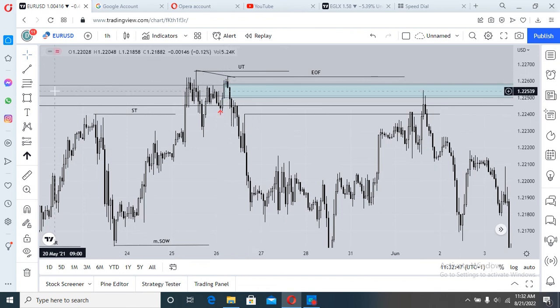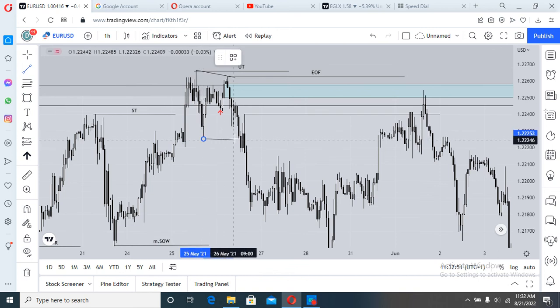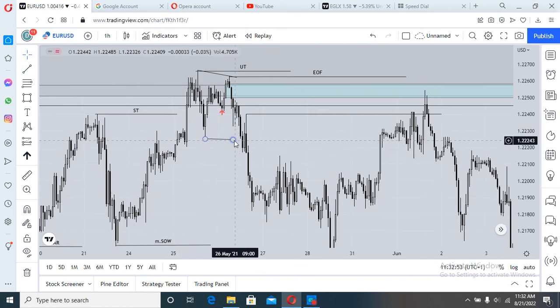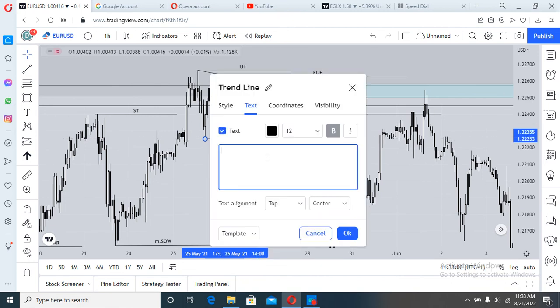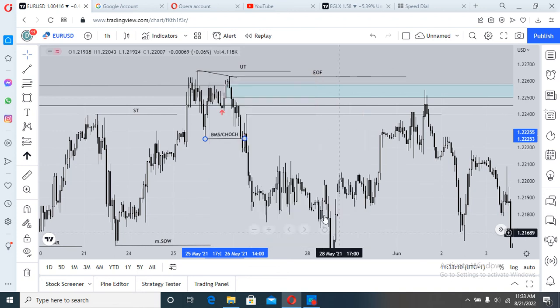Now I'm not confirming this yet until I see what? It break this low, right? So now I see it broke this low. So you will say it's a change of character, right? In break of character, BMS, I'll also write it a change of character right there.